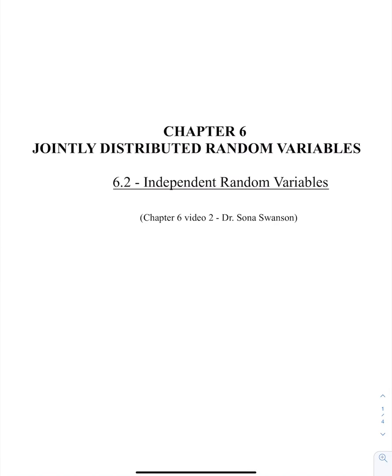Okay, so we're gonna now look further at multiple variables at once, and we're going to look at independent random variables. Let's remind ourselves about when two events are independent.